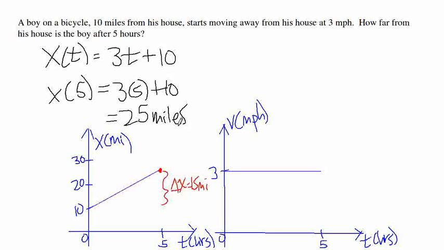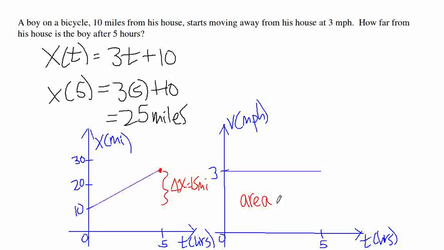Okay? Now let me show you another way you could have calculated the distance traveled, which may or may not be obvious to you. You could also calculate the area underneath the velocity graph for those 5 hours. The area, what kind of a shape do we have here? Well, I hope you would agree that the shape underneath the horizontal line segment is a rectangle.